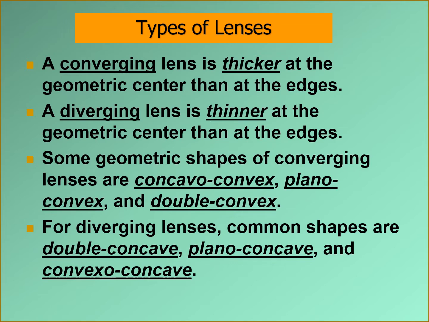And to recap what you just saw earlier, under converging lenses, there can be concavo-convex, plano-convex, and double convex lenses. And for diverging lenses, common shapes are the double concave, the plano-concave, and the convexo-concave.